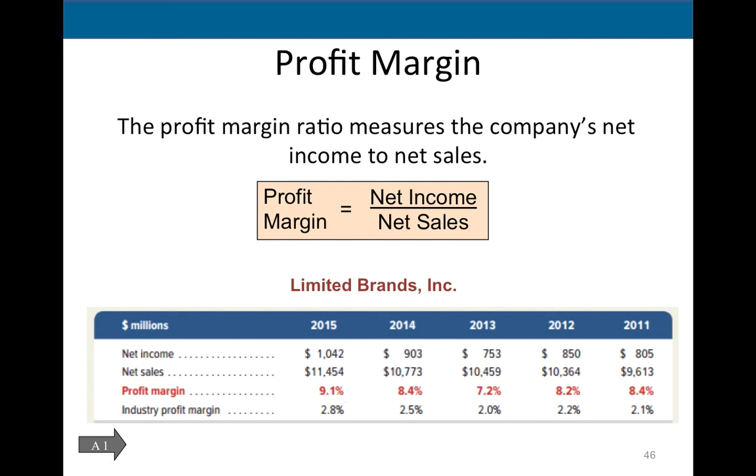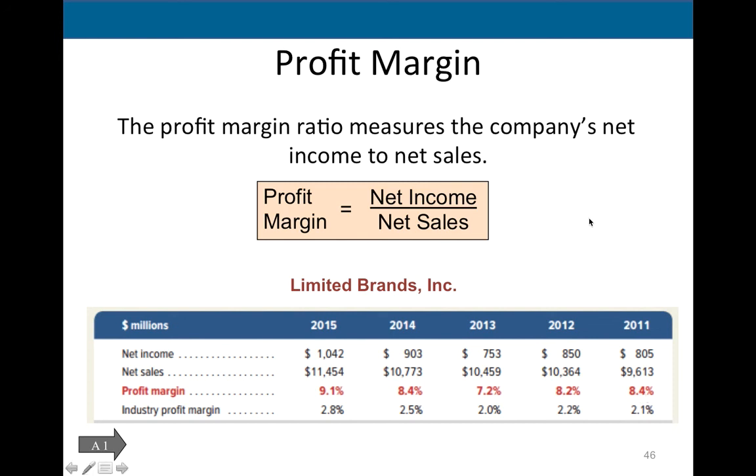So if you look at 2011, my profit margin is 8.4%, which means that for every dollar of sales, the company makes 8.4 cents in profit. So if I spend $100, the company will keep $8.40 as profit, and the rest are costs and expenses.